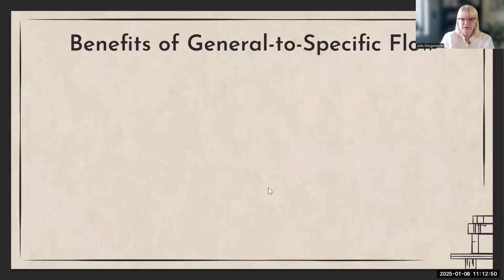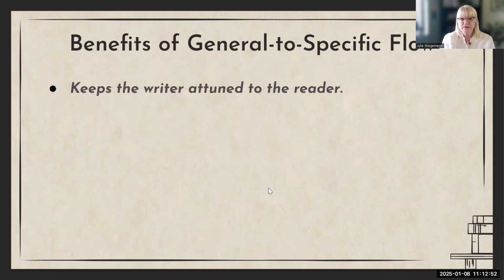So the benefit of this type of flow is it keeps the writer attuned to the reader. It's very easy sometimes for writers to think, what I'm saying is so clear in my mind that I don't really have to explain it fully, or that might look like I'm dumbing it down.